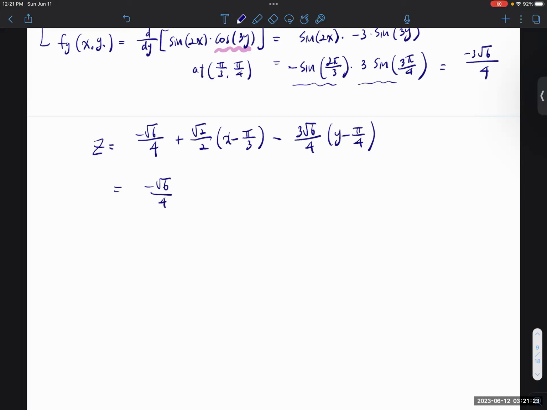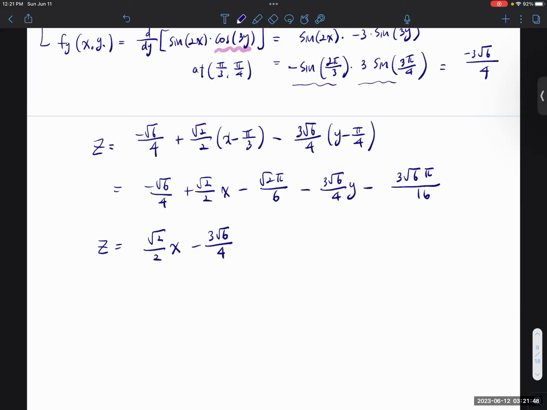Distributive property: radical 2 over 2 x minus radical 2 pi over 6, minus 3 radical 6 over 4 y, plus 3 radical 6 pi over 16. If I just write it down again, x is first: radical 2 over 2 x minus 3 radical 6 over 4 y, and then all the constants.